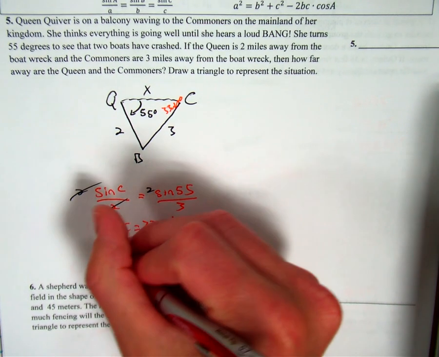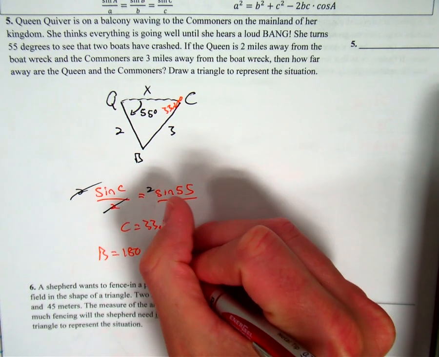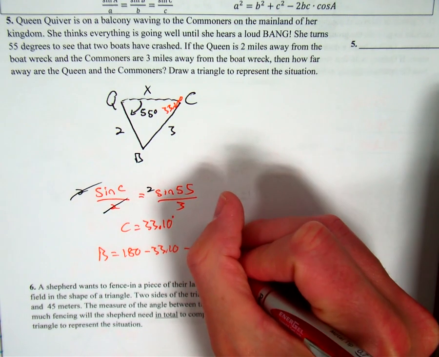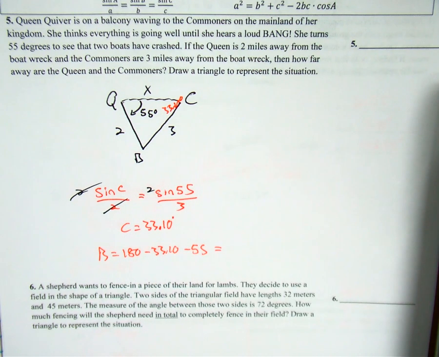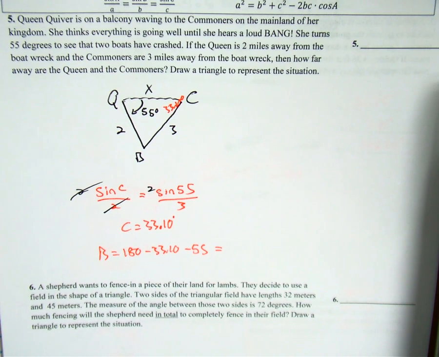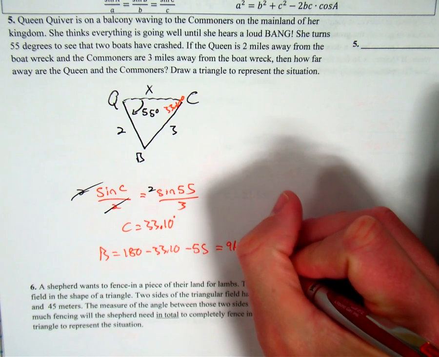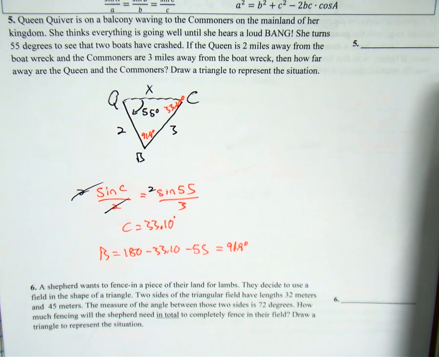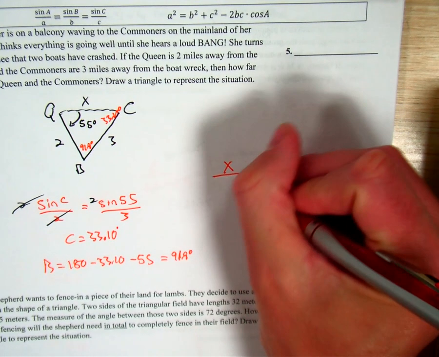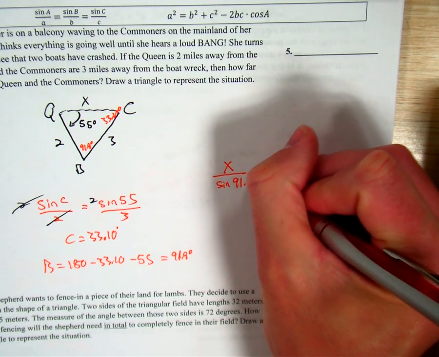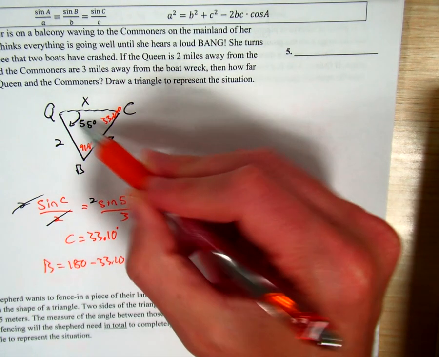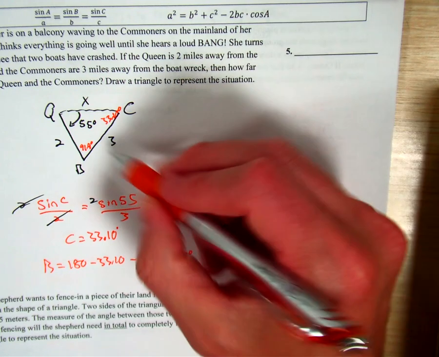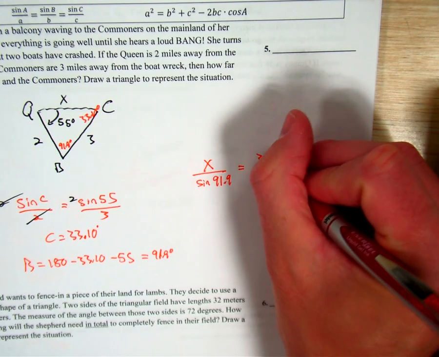Okay, we're going to get angle B with our 180 minus 33.10 minus 55. Okay, that should leave us with 91.9 degrees. And then now we can finally get side X, or side B, I guess, the missing side. X over sine of 91.9 equals, go back to your original matching set here that does not have any rounded answers, 3 and 55.